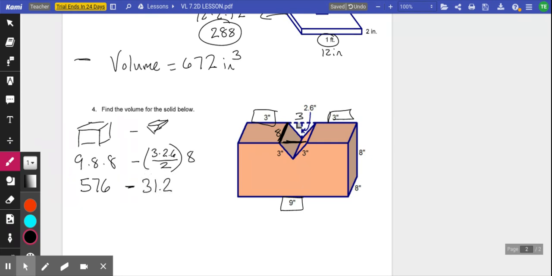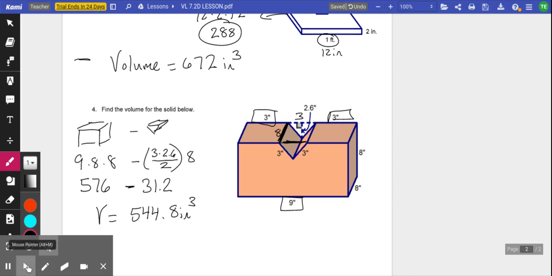So then I subtract those. And I get the volume of my composite figure is equal to 544.8 inches cubed. So again, remember, sometimes you can surround and subtract, sometimes you can cut it up. It just kind of depends on your preference. On this one, surround and subtract was easier. That's why I went that way.